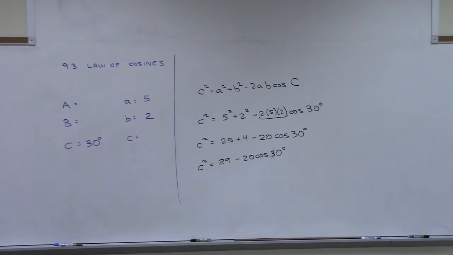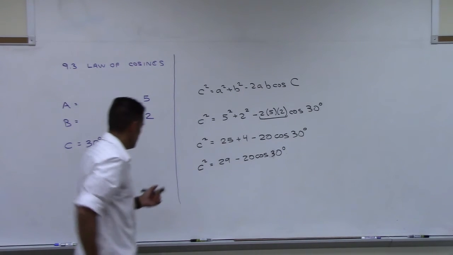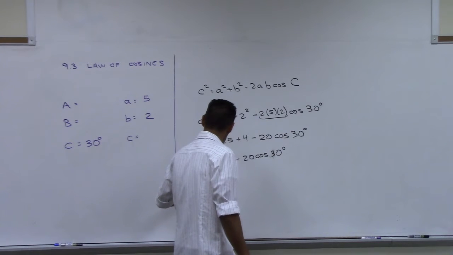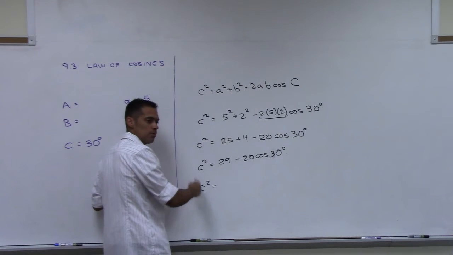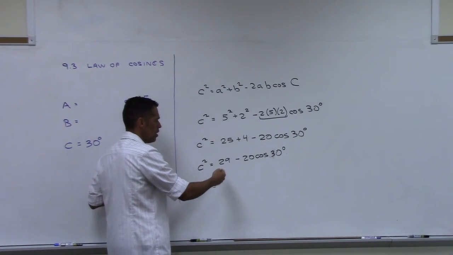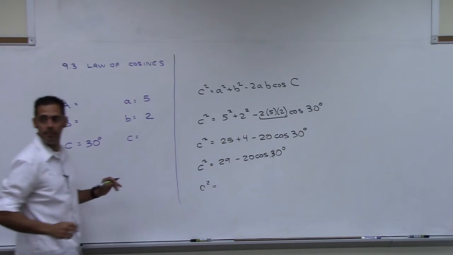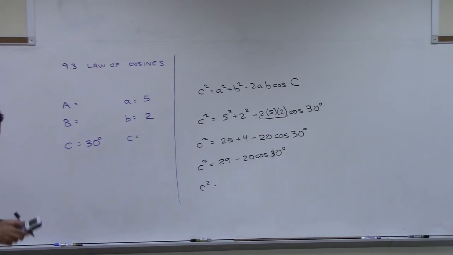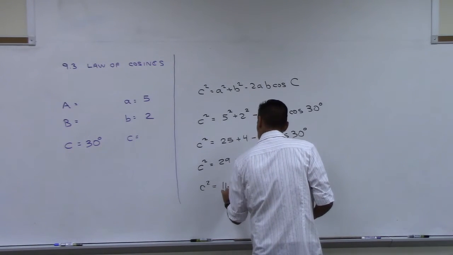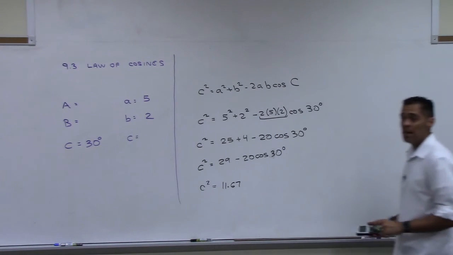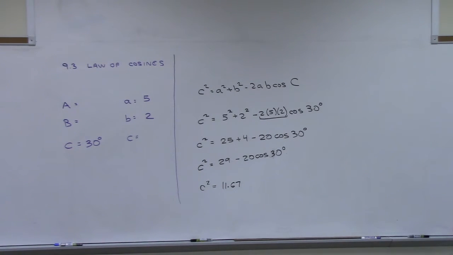Now cosine of 30 is like root 3 over 2, but we want a decimal, because we're looking for the length of a side here. So does anybody have what the right side of this turns out to be before you take the square root on both sides? What is 29 minus 20 times cosine 30? 11.67, okay. And final step, square root both sides.